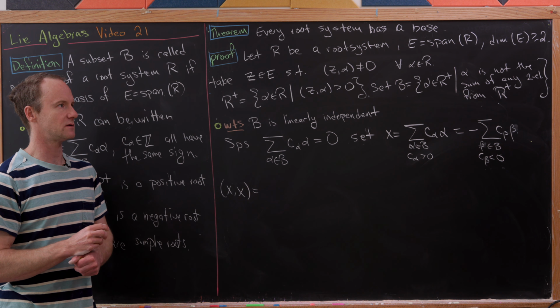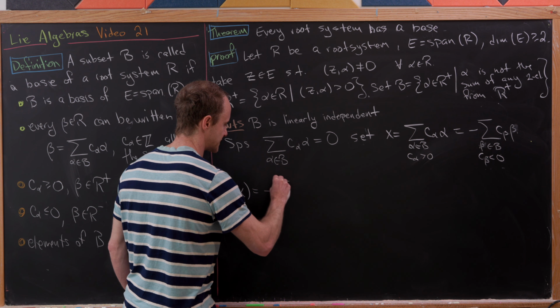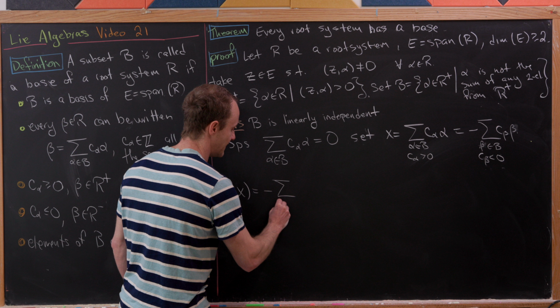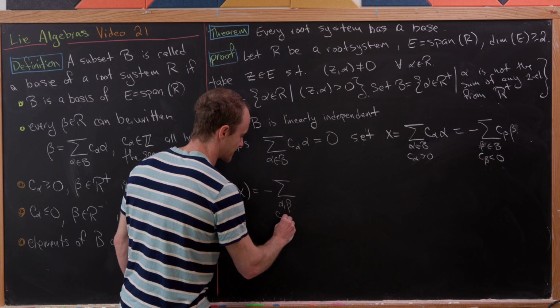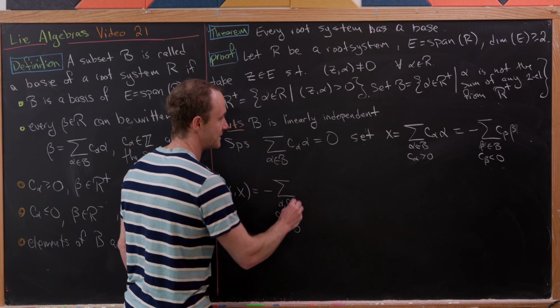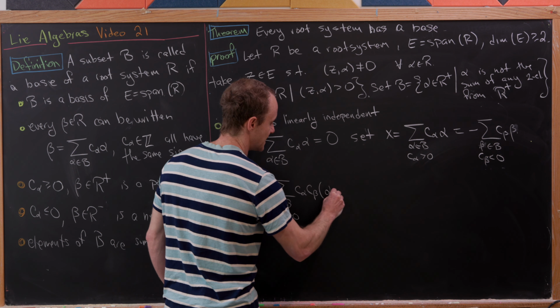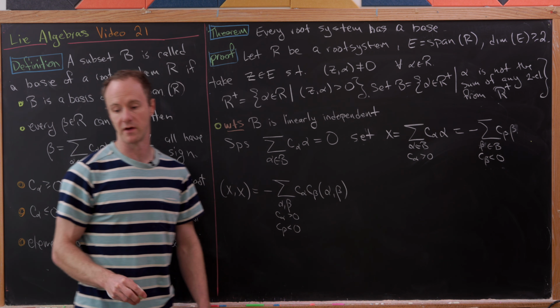But now using linearity of the inner product, that's going to give us the following. We'll have minus the sum over alpha and beta, where C alpha is positive, C beta is negative, of C alpha times C beta times the inner product of alpha with beta.